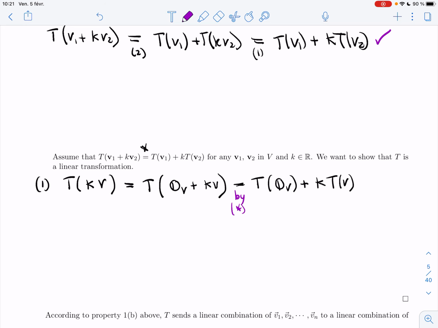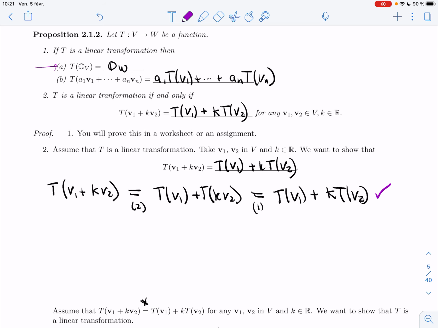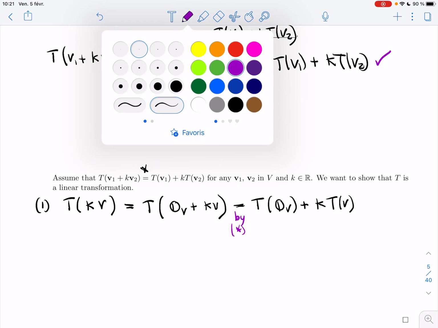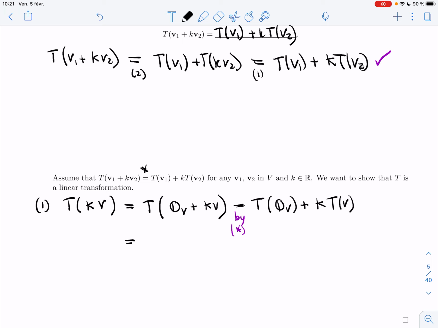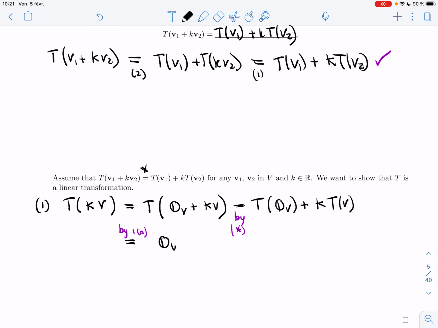Now by what you proved in 1a, that's going to give you 0 of W plus k T of v, and then 0 of W doesn't change anything, so I do get k T of v.